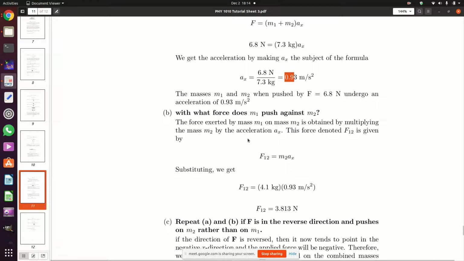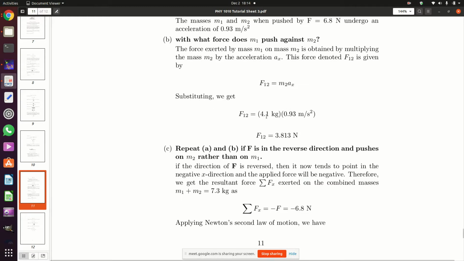So the force exerted by M1 on M2, denoted F12, is the product of the second mass M2 times the acceleration. Always the force which a body experiences is related to the mass of that particular body and the acceleration which that particular body is undergoing.